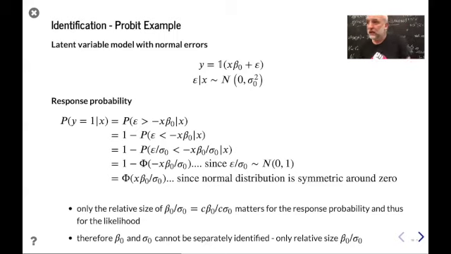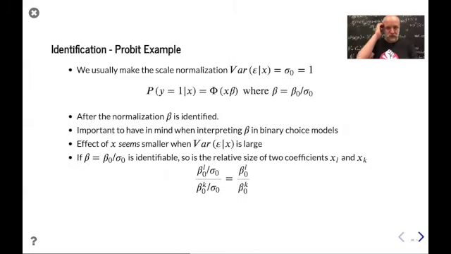And it also gives you a little bit of reassurance that just assuming that epsilon had a variance of 1 is not really a strong functional form assumption. It's a normalization assumption that you need to make. Okay, so that's pretty cool.